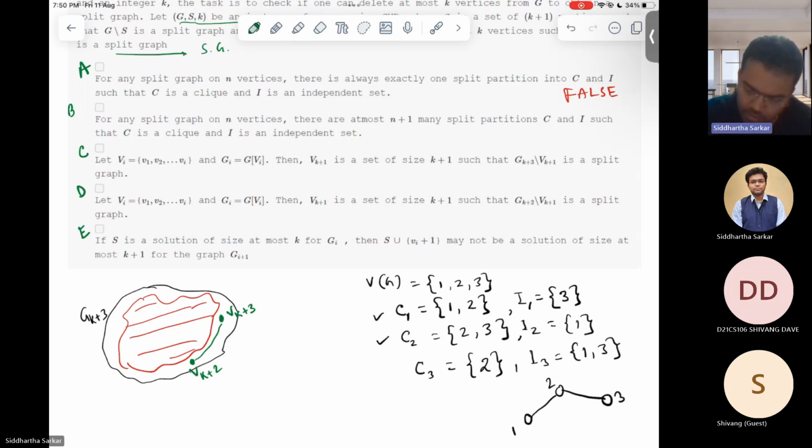So trivially, if we believe that there are no multiple edges, then this is a graph on two vertices. This is a K2, right? So we can trivially call it a split graph. That's what I think. This is probably true.